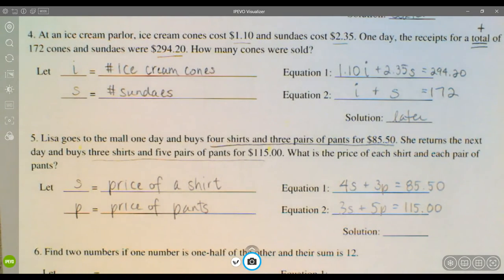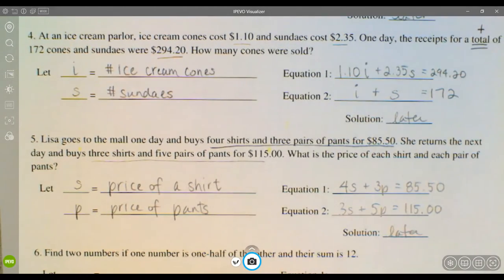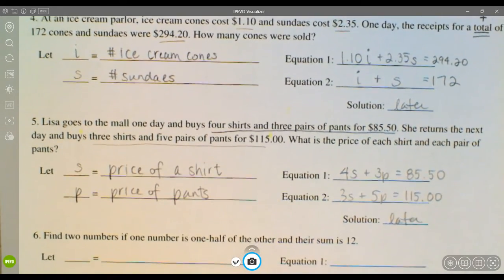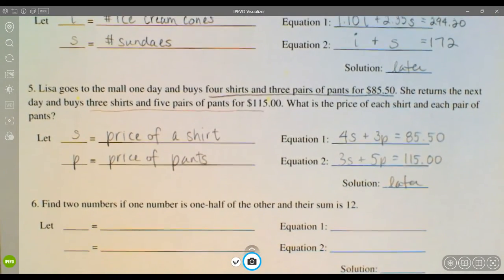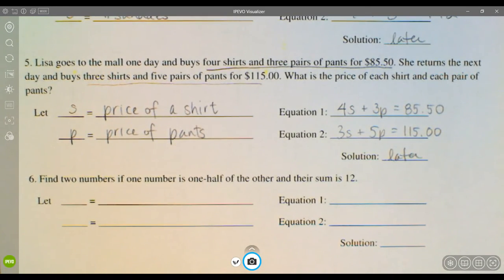Okay? I didn't want to get bogged down in all the solutions, and then you totally lose the whole moral of the story here in setting them up. So once I've set them up, I'll go back and solve them.